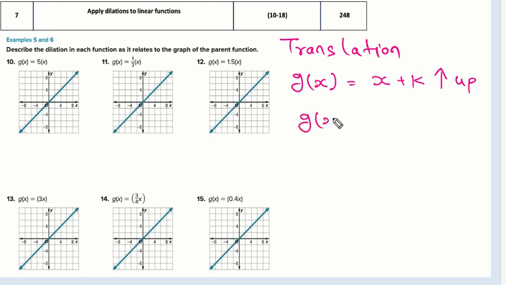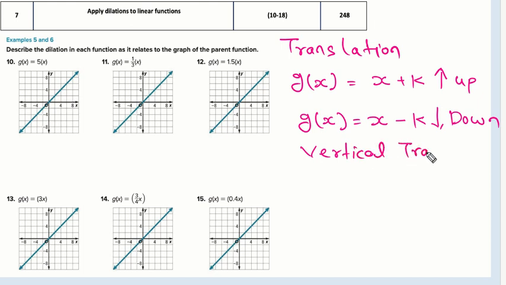If you have g of x is equal to x minus k, it will go down, and we call this vertical translation. For example, g of x is equal to x plus 3 is 3 units up, vertical translation, and x minus 3 is 3 units down, vertical translation.